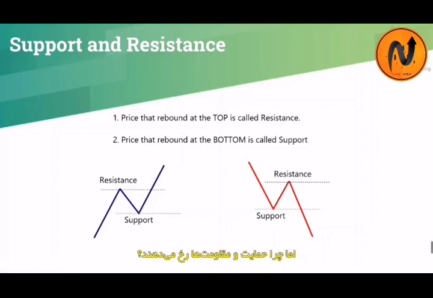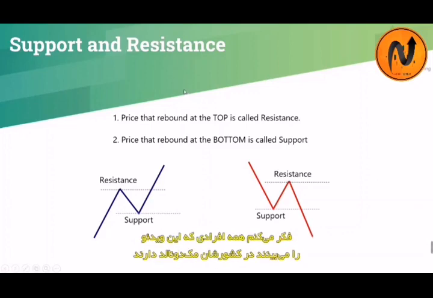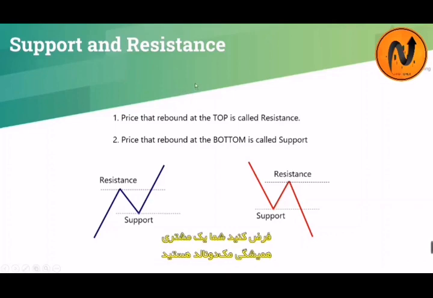So why does support and resistance occur? This is because of a psychology factor. We call it price anchoring. I'm going to tell you a very simple story. I believe a lot of people have McDonald's in their country.